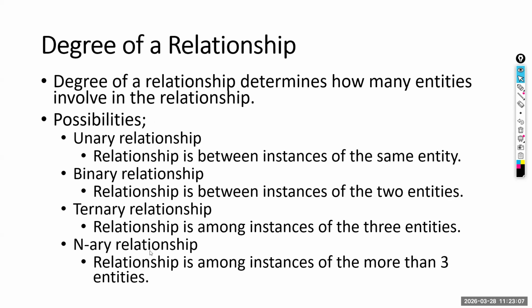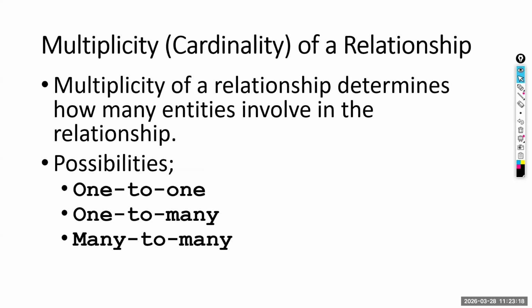That is, the relationship is between instances of the same table, between two tables, between three tables, or between more than three tables. Then the multiplicity, that is one instance of A, how many instances of B, and one instance of B, how many instances of A, the relationship is. So it can be one to many, or many to many.